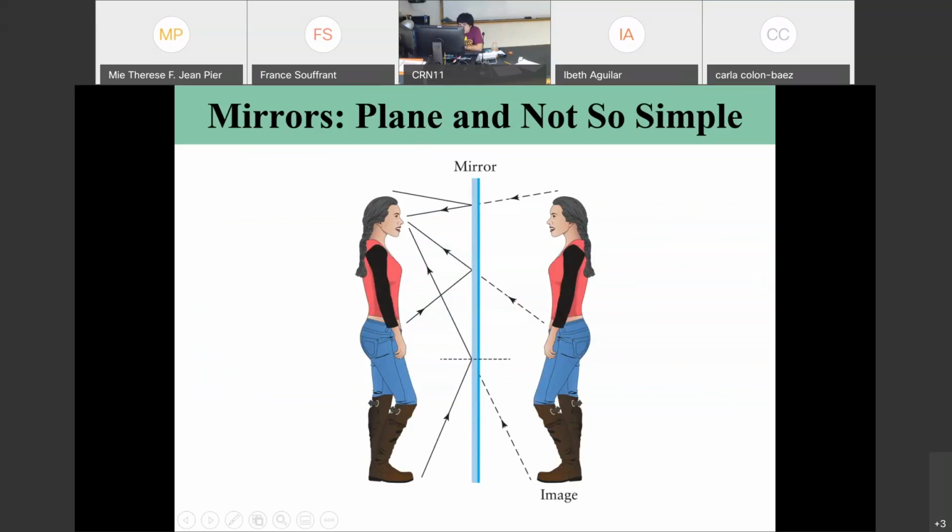Your feet go to this position, and then towards your eye, basically, right? To see the image of your feet due to the reflection happening here, you extend the reflected ray behind the mirror.